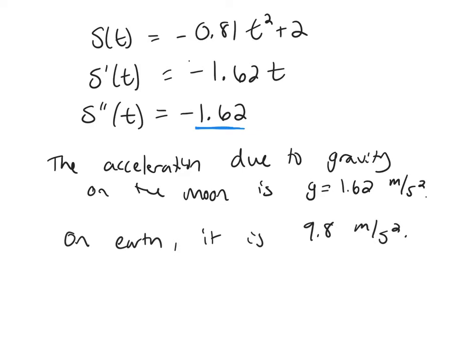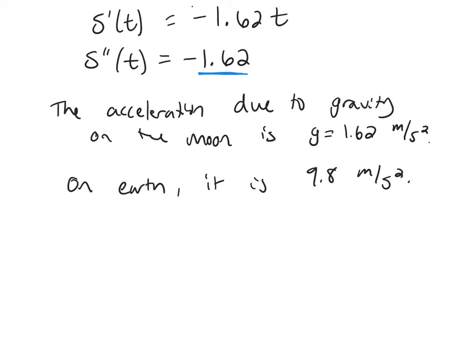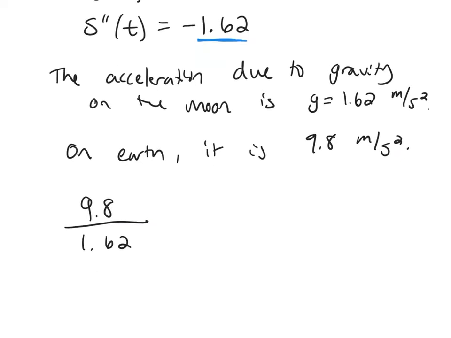And what I was asked to do was find the ratio of Earth's gravitational force to the moon's. So you want to do a fraction with Earth on top, 9.8, and the moon on bottom, 1.62, to get our ratio, which is approximately 6.05.